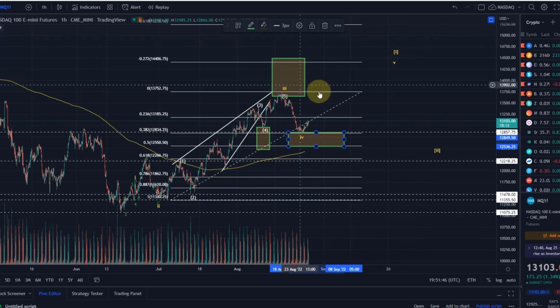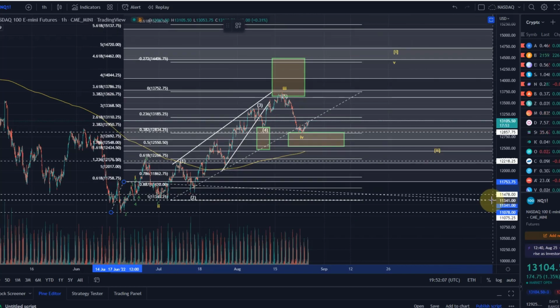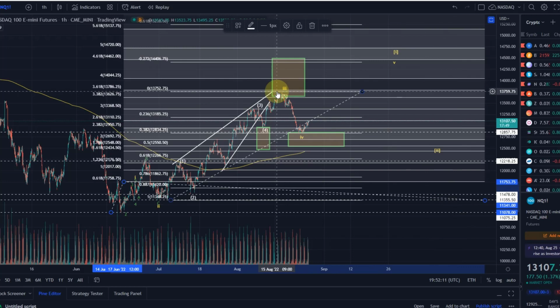And we can calculate that as well. Let me find the Fibonacci extensions. I can put it on the chart here, to the low of the wave 2.